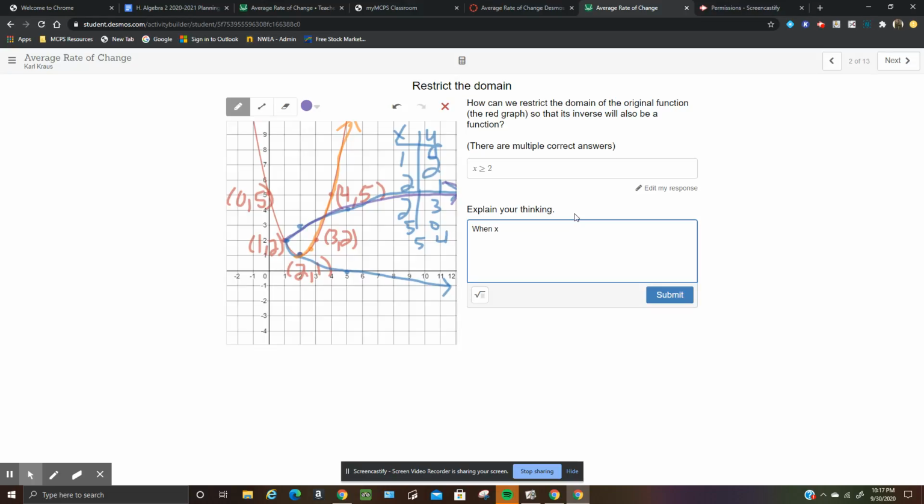And x is greater than or equal to 2, then I get the right branch outlined in orange.